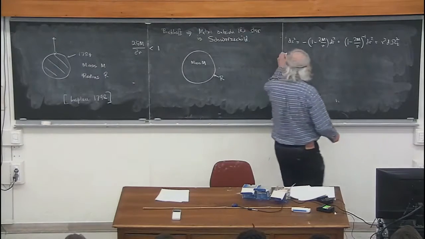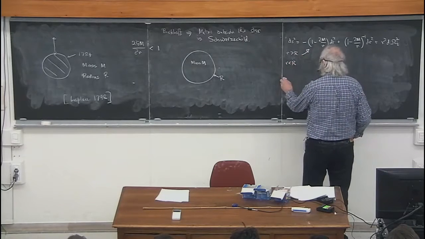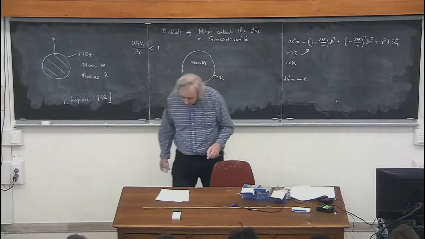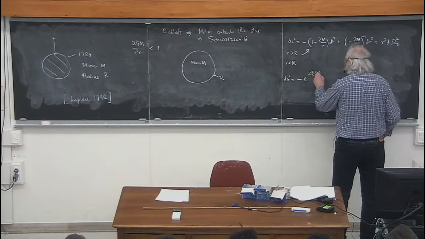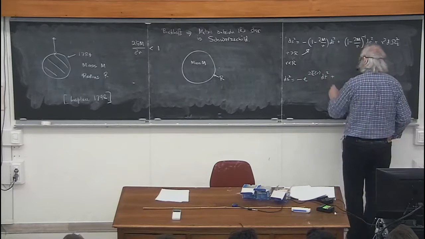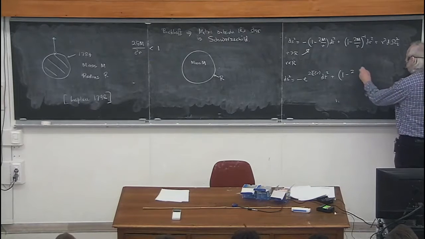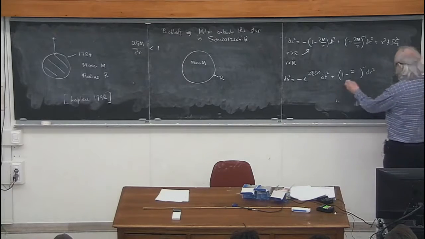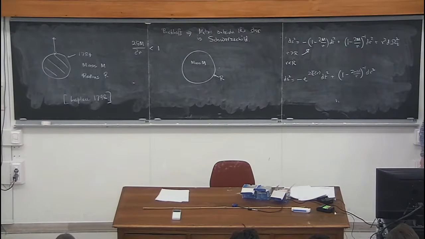So this is for r greater than R. For r less than R, we're going to assume that the metric is just simply of this form, minus e to the plus 2 phi, which is some function of r, times dt squared, plus 1 minus 2, well, this is going to be some general function of r, but because people have done this calculation before, I'm going to write this in the form m of r divided by r. Of course, any function of r can be written in that way, but this was a particularly inspired guess.